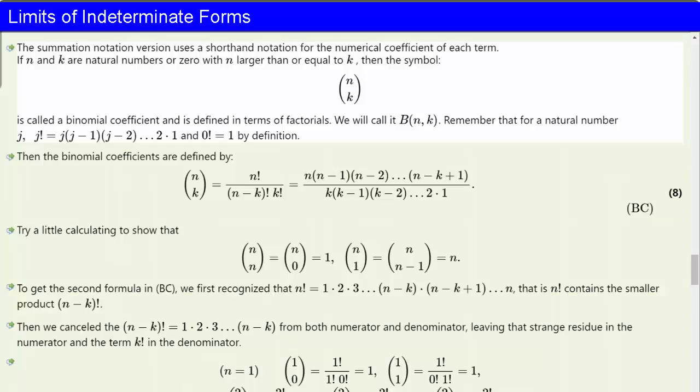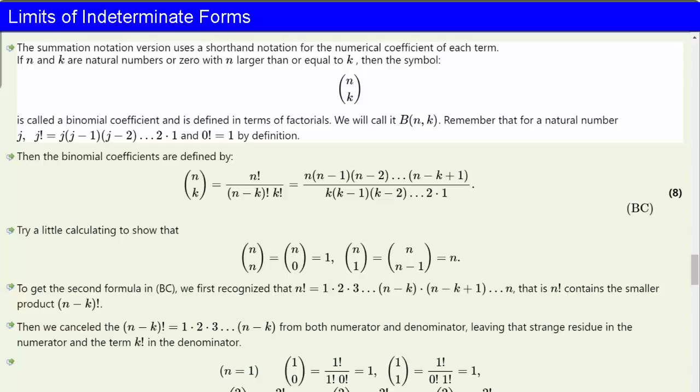The summation notation version uses a shorthand notation for the numerical coefficient of each term. If n and k are natural numbers, or 0, with n larger than or equal to k, then the symbol given is called a binomial coefficient, and it's defined in terms of factorials. We will call it b of n,k.